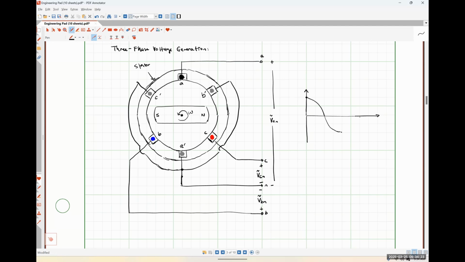I'm going to generate some sinusoidal voltage like so, where this maximum value is my phase voltage, VP. Yeah, so I'll just leave it like that for now. Okay.